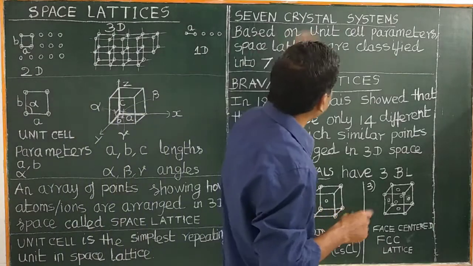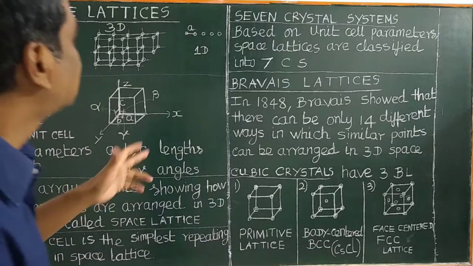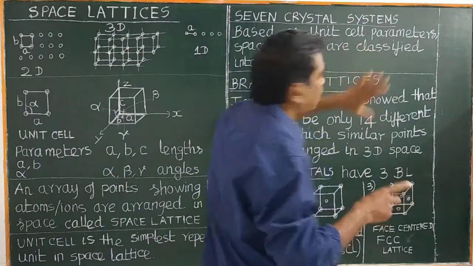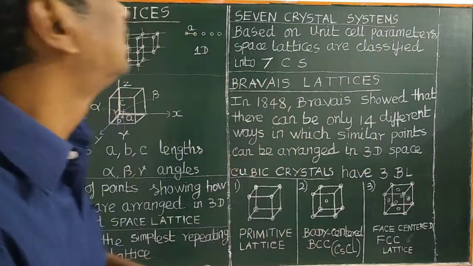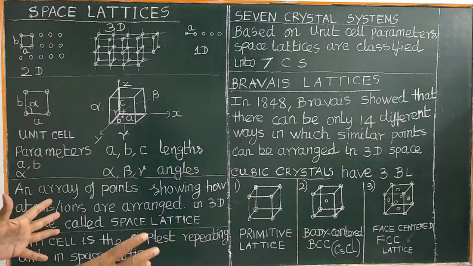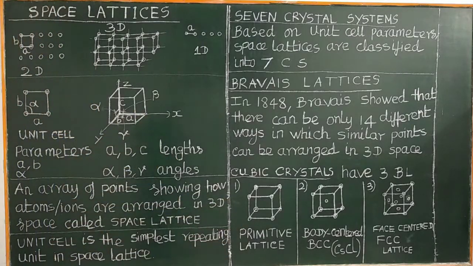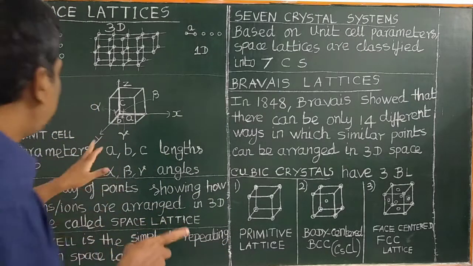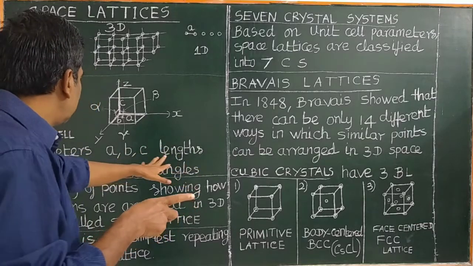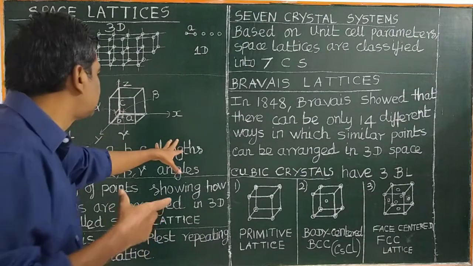Based on unit cell parameters, the space lattices are classified into 7 crystal systems. We will study further. If A equals B equals C and alpha equals beta equals gamma, then it is a cubic system.